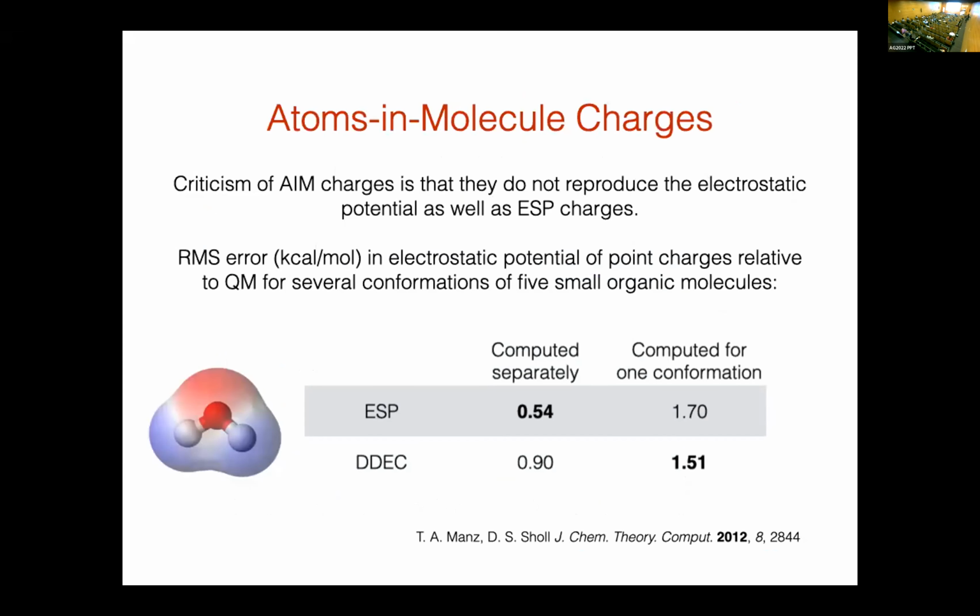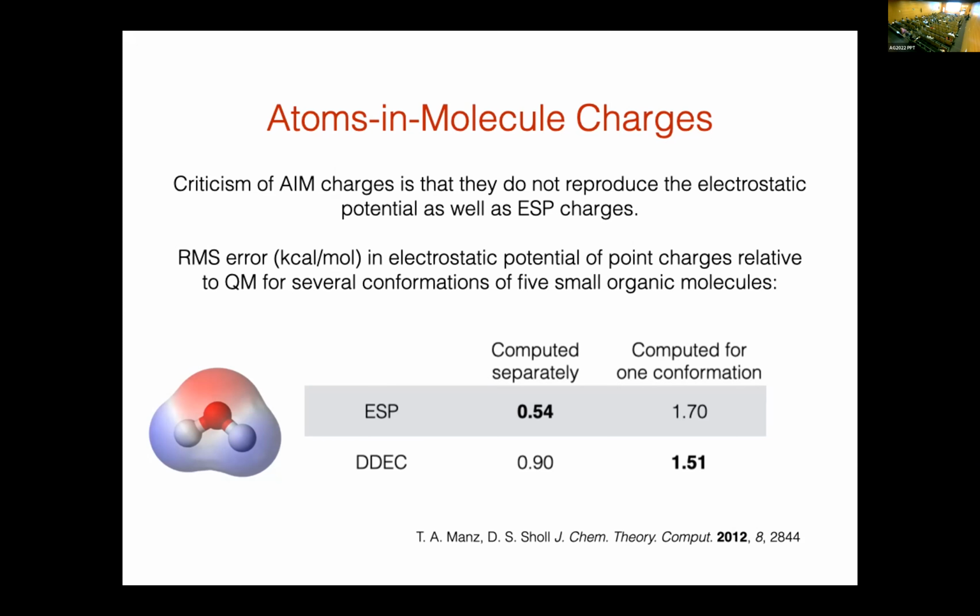Firstly, it depends very much on your choice of the AIM model. There are very many AIM models that do a very bad job at reproducing the electrostatic potential. But methods like DDEC that I mentioned and MBIS do a pretty good job. Of course, if you compute the charges on a single conformation of a molecule, your ESP charges are always going to best fit the ESP, and DDEC is not too far behind.